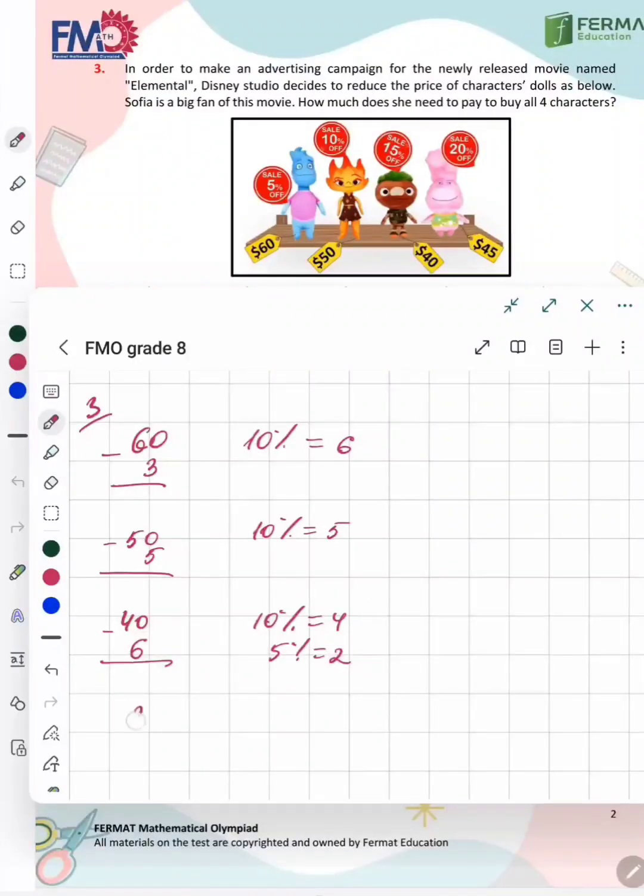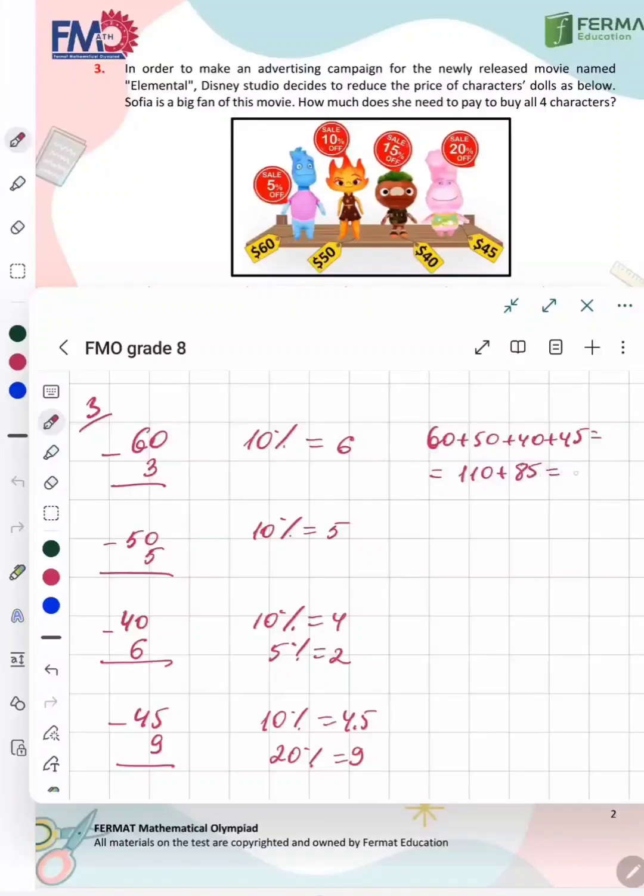And 45 is reduced by 20%. 10% of 45 is 4.5. 20% is going to be just 9. So take away 9. What is the answer? We can just add all the numbers. 60 plus 50 plus 40 plus 45, which is equal to 110 plus 85, which is 195.